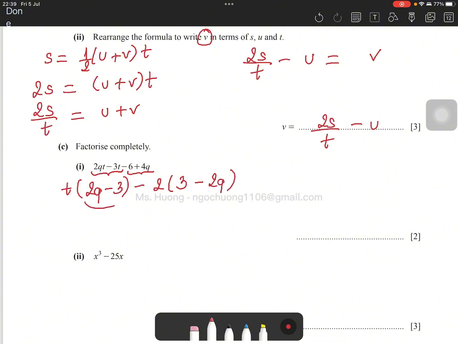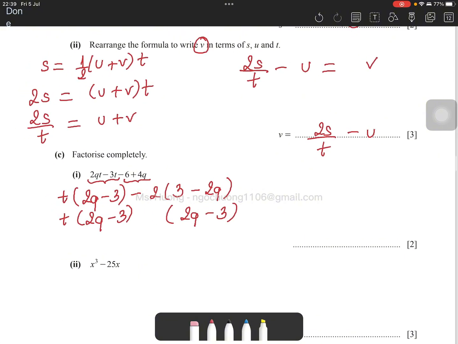And we see that 2Q minus 3 is the opposite of 3 minus 2Q. So I'll try to convert them so that they are the same. I'll keep the first one. And for the second, if you want to change it to 2Q minus 3, you also change the sign of this, which means negative 2 becomes positive 2.